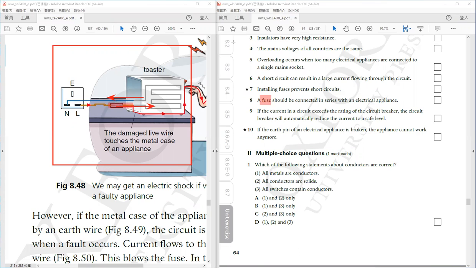When they are in series, the current flowing through the fuse is the same as the current flowing through the appliance. Therefore, the fuse can protect the appliance.